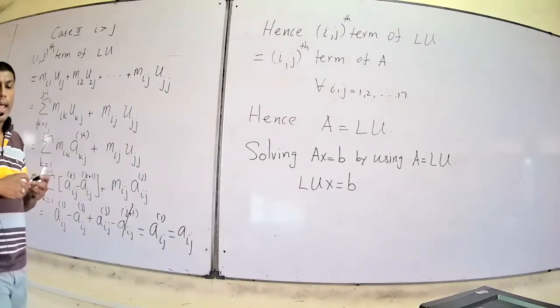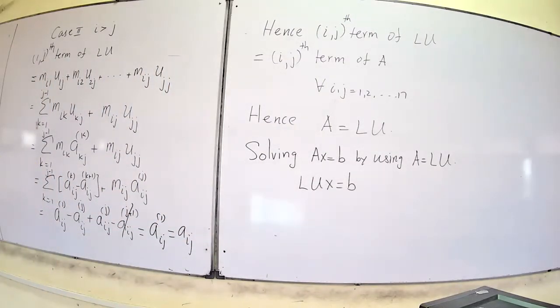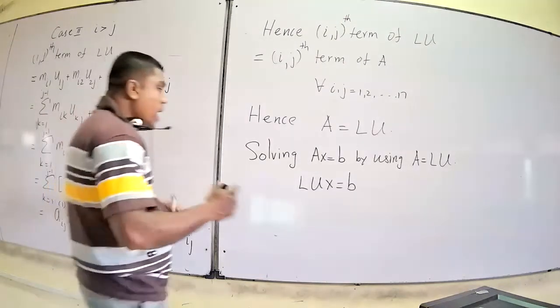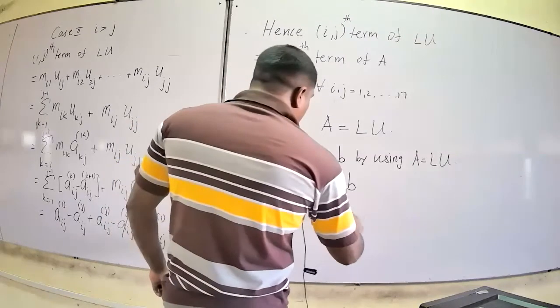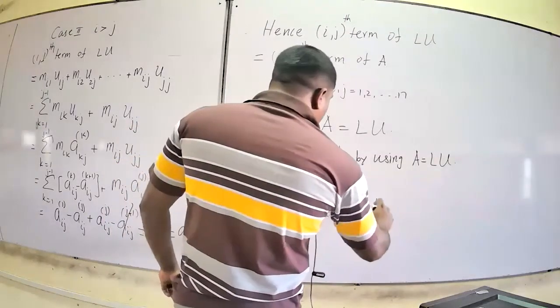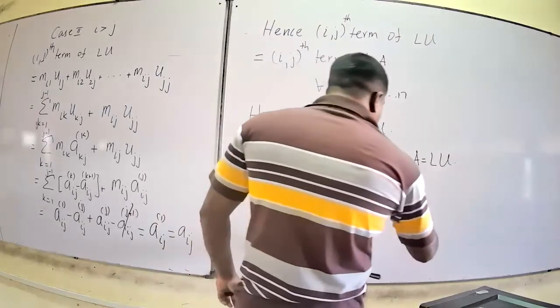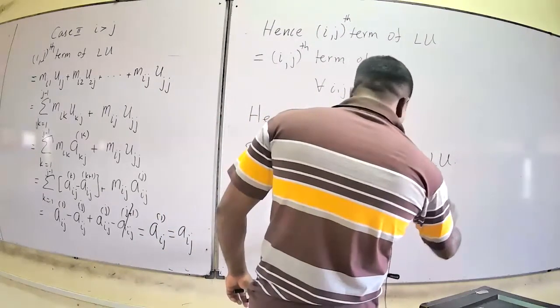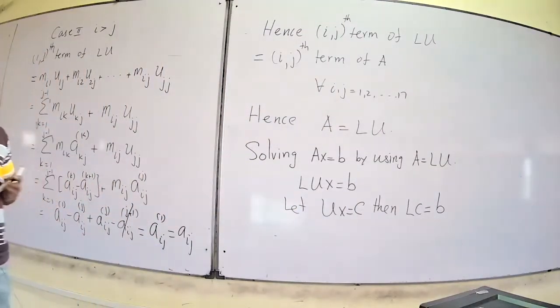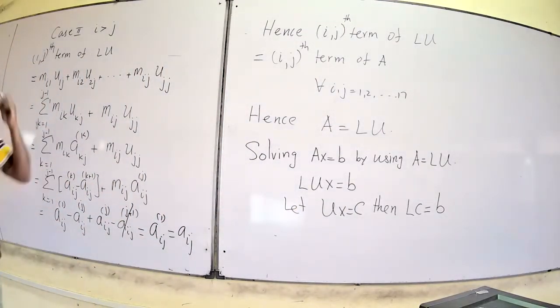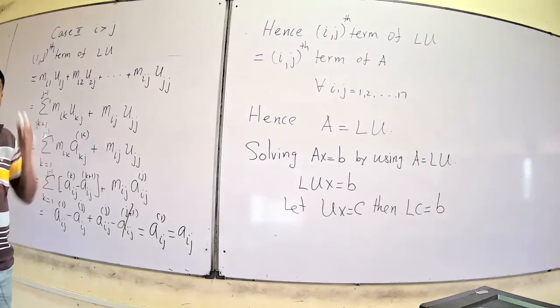When you write LUx equal to B, you can convert this into two systems. One is, when you set Ux equal to C, you get a system.